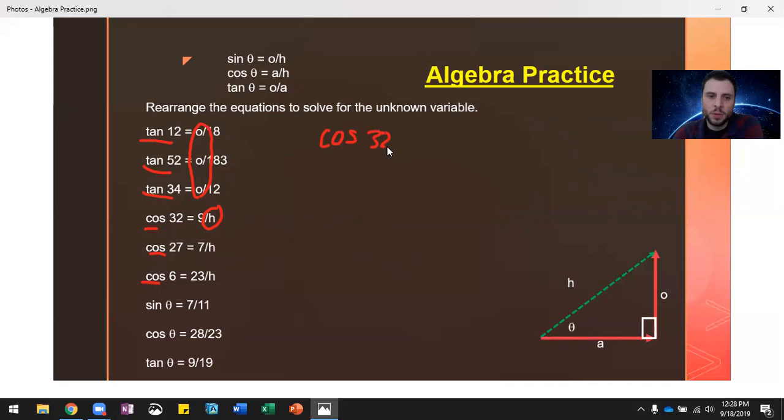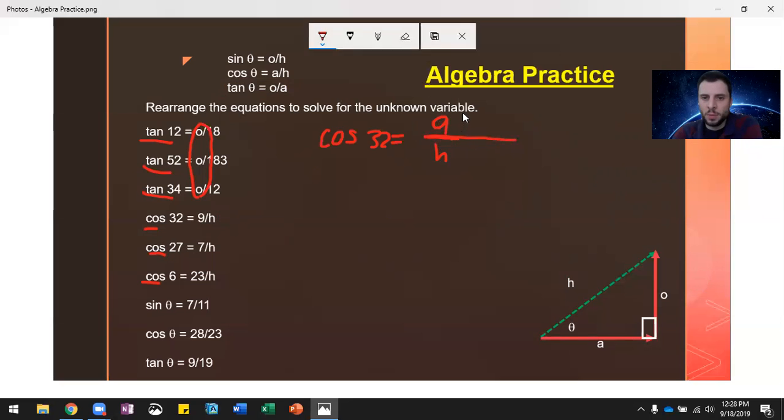Cosine of 32 equals 9 over the hypotenuse. Well, we want to get rid of 9, so we want to get h by itself.